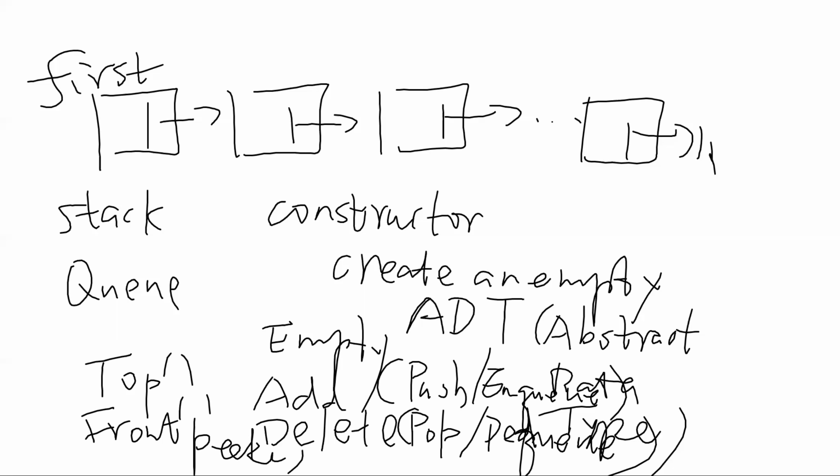Okay, so those are the major operations we generally care about for a certain data structure. Similar concept for our linked list. What kind of operations do we care about? Of course, we also care about the constructor, and we also want to know if the list is empty.